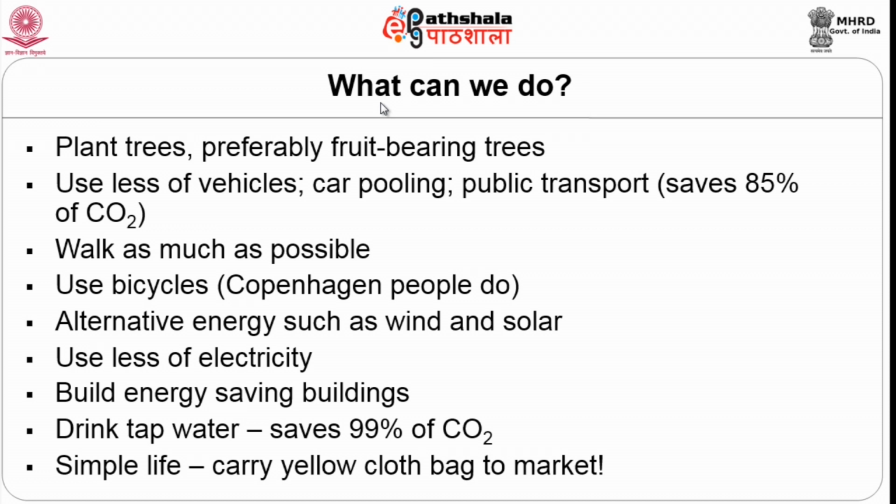Use vehicles less. Even in major cities including Delhi, we have odd number and even number use of vehicles. If one day odd number vehicles can go on the road, another day it's the even number. This sort of measure is also to combat climate change.